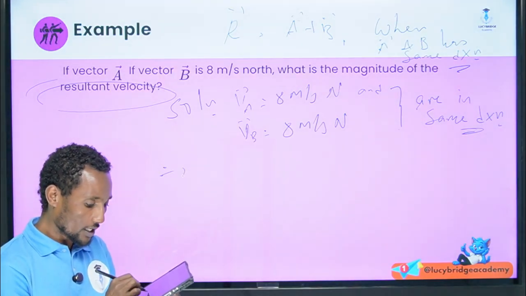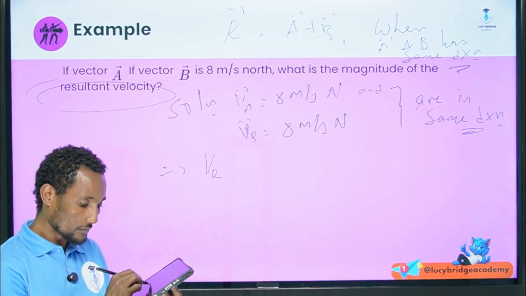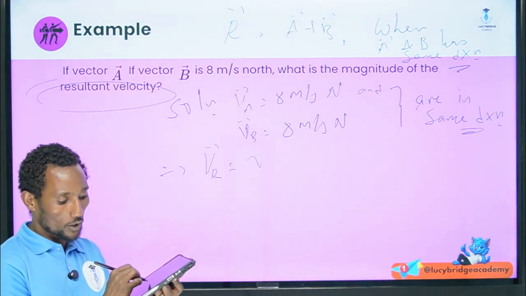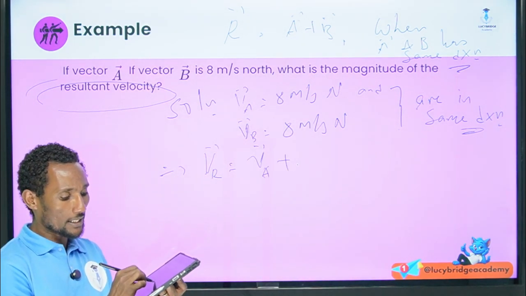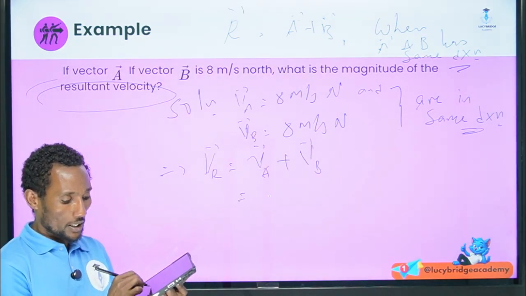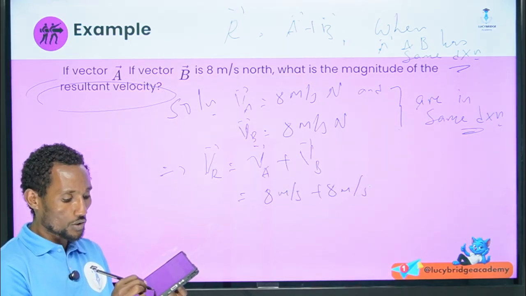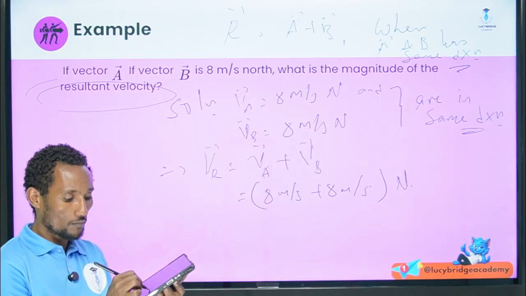In this case, the resultant velocity is the velocity of A plus the velocity of B, having the same direction. So 8 meters per second plus 8 meters per second, both in the direction of north.